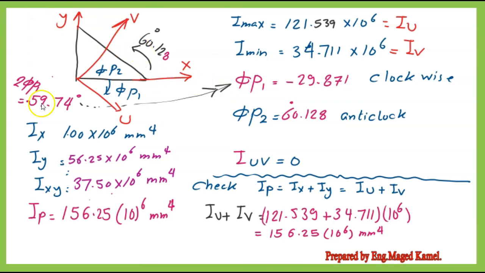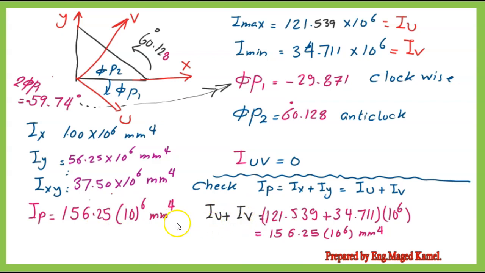The product of inertia for the major and minor axes is I sub UV equals 0. The list of all of the data Ix, Iy, and Ixy is shown in the slide. It is better to check that I polar, which equals Ix plus Iy, has the same value as Iu plus Iv.